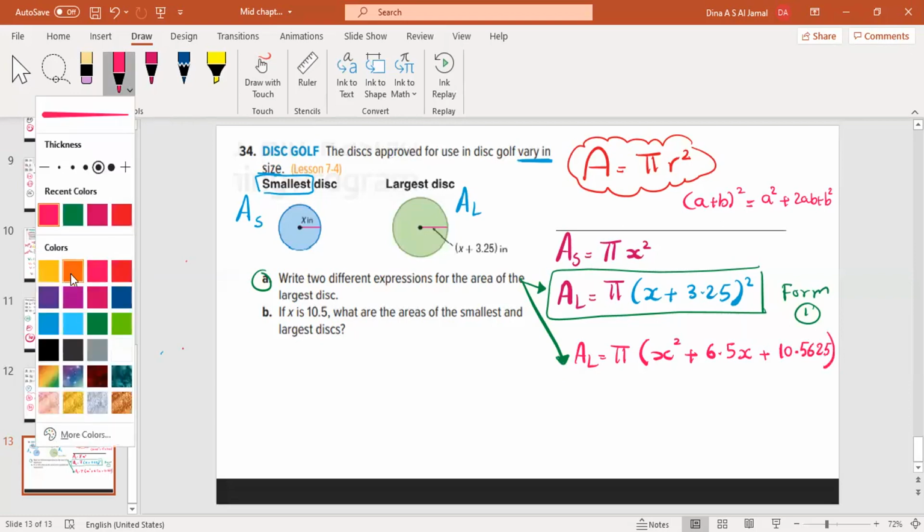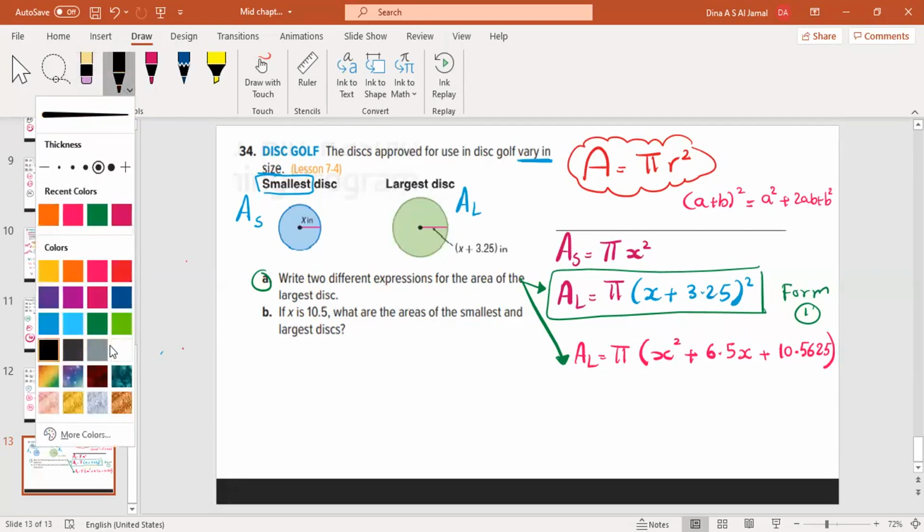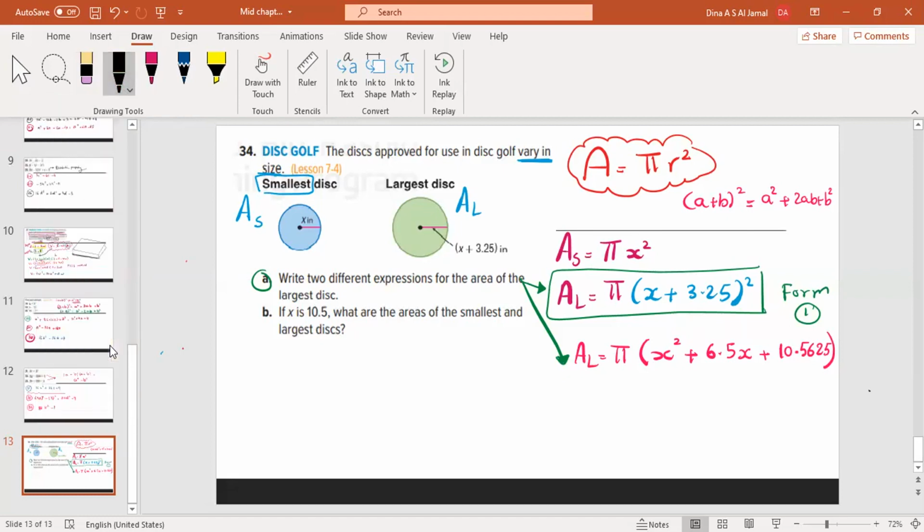And sometimes what you can do is just distribute the pi, but I feel that there is no need to distribute it because it will be easier for you to have one pi only in your calculator. Good. So this is the second form. So this is your form 2 of the expression of the area of the largest.